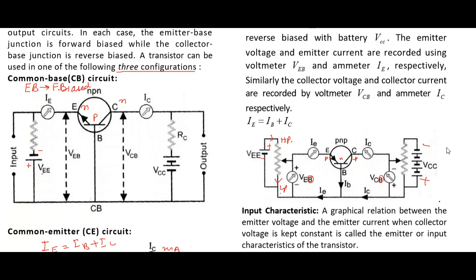Before going through characteristics, this is the input part. The graph between input current and input voltage VEB is the input characteristic. Then the graph between output voltage VCB and IC is the output characteristic. And how this IC is controlled by this VEB, these are the transfer characteristics.